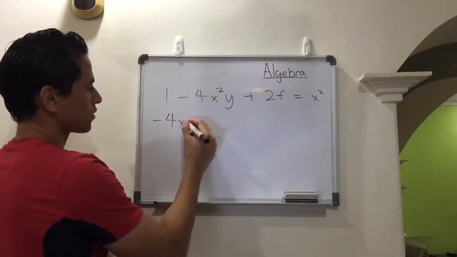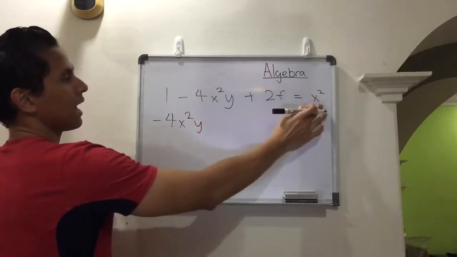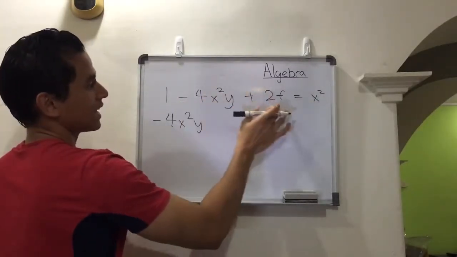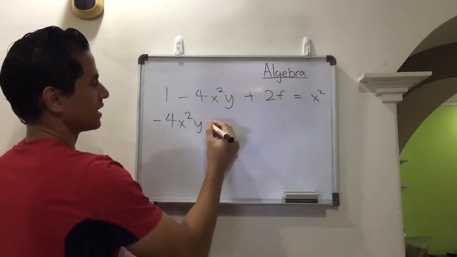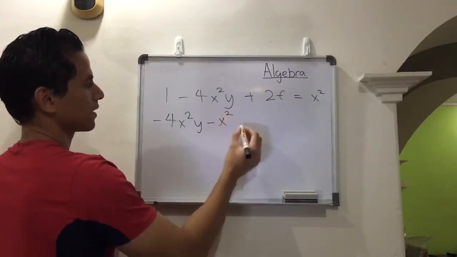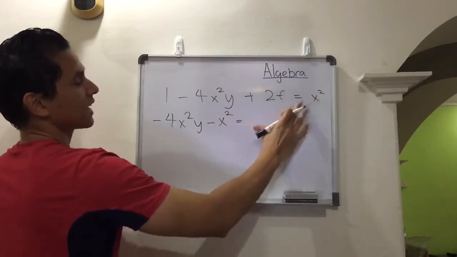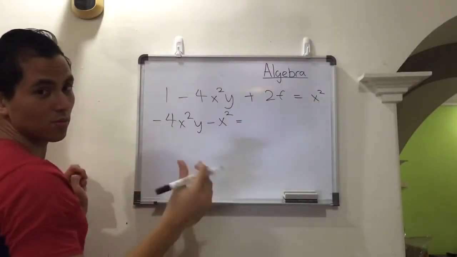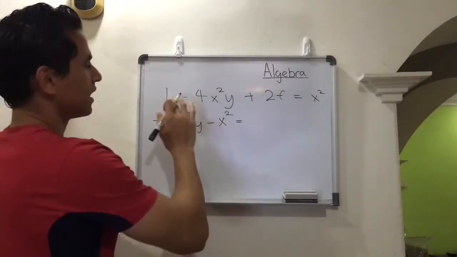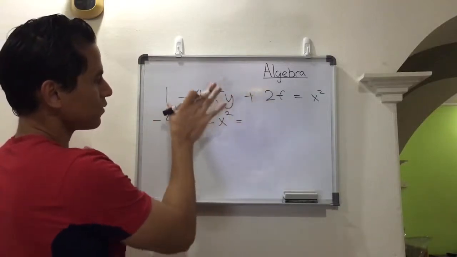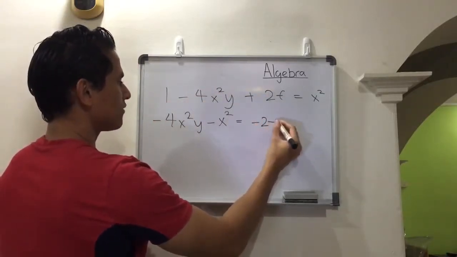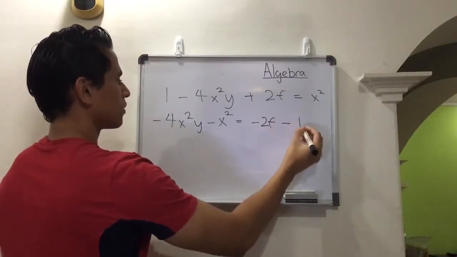Minus 4x squared y, I'm going to minus x squared because I minus x squared from the left hand side, I minus x squared from the right hand side, I get minus x squared here. And this x squared on the right hand side will just disappear because x squared minus x squared disappears, there are no more x's on the right hand side. Then I bring these two over with the same logic, giving us minus 2f minus 1.